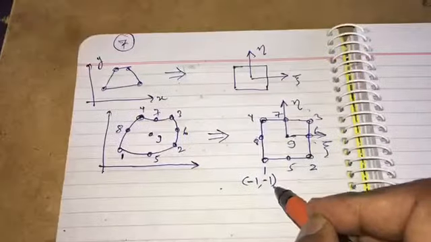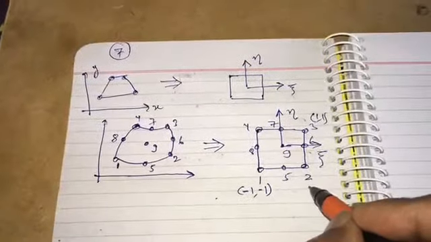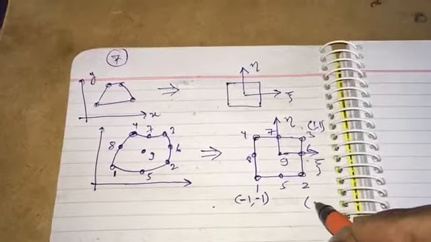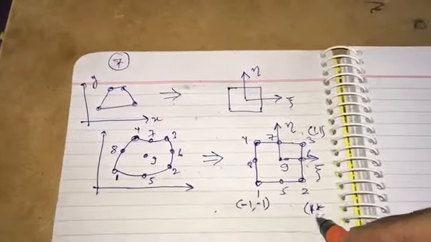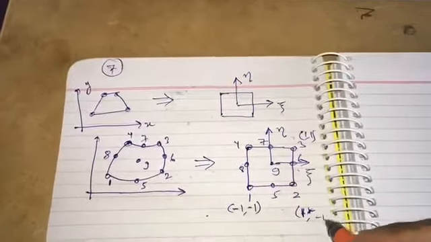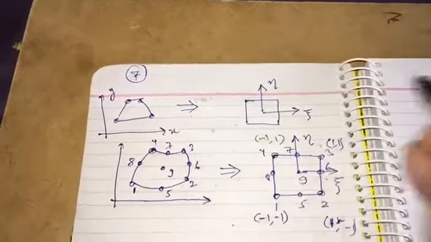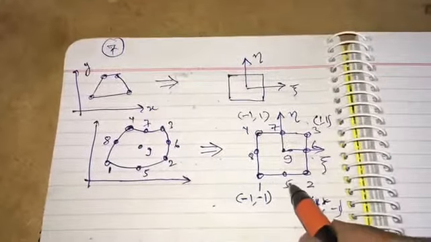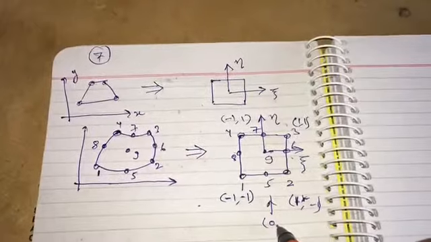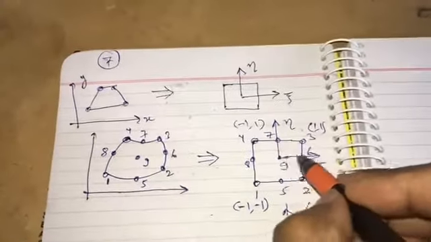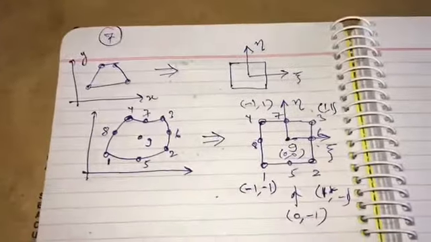So node 1 is -1, -1, and 2 would be 1, -1, 3 is 1, 1 and this is -1, 1, and node 5 is exactly in between, so this will be 0, -1. Node 9 is 0, 0 and so on.